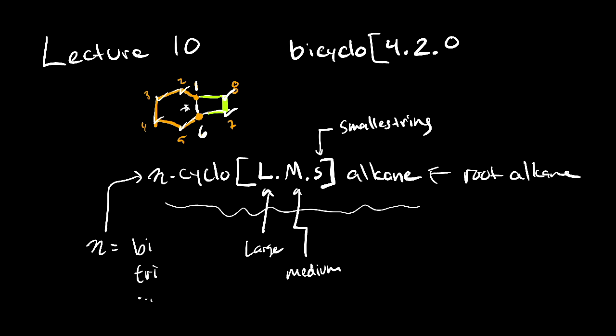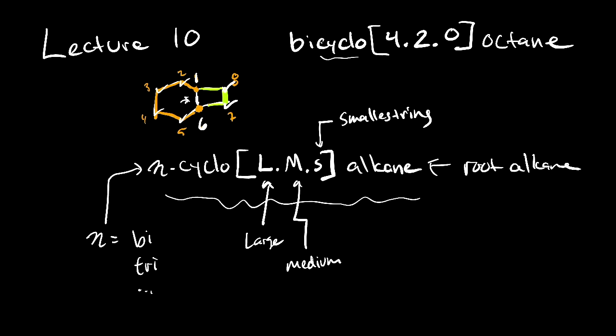So if you have a bicyclic system that is simply fused with nothing in between, you have a 0 in your smallest position. And then your alkane, because you've already called it cyclo, is essentially just the number of carbons. This is an 8-carbon chain, so this must be octane.